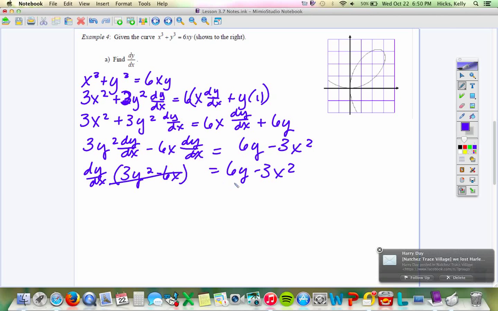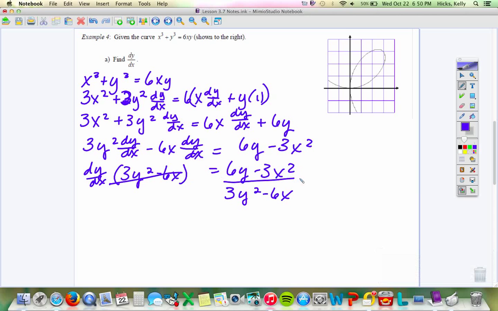I'm going to divide through by 3y squared minus 6x. And then if I pulled a 3 out of everything and canceled top and bottom 3's, I would end up with 2y minus x squared over y squared minus 2x.